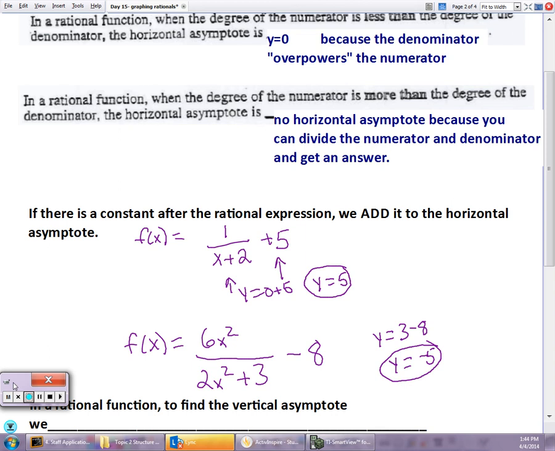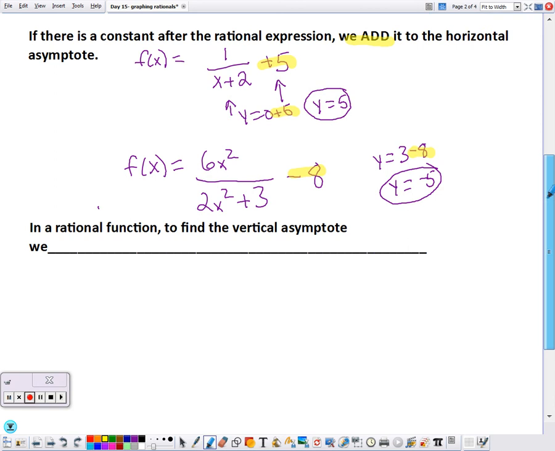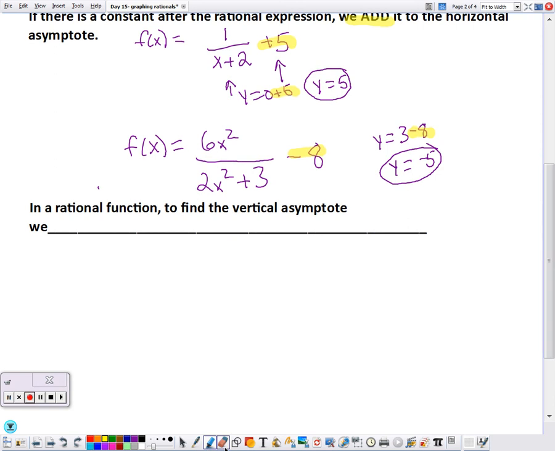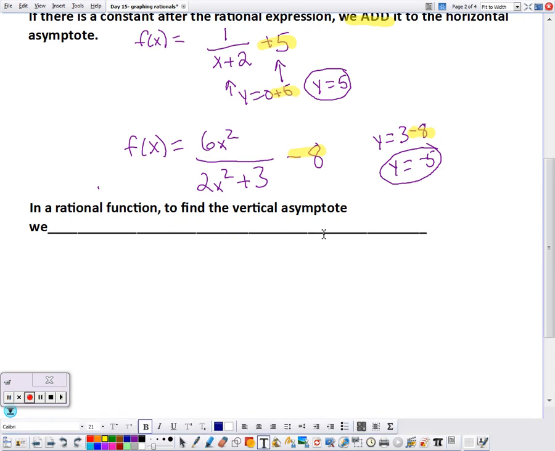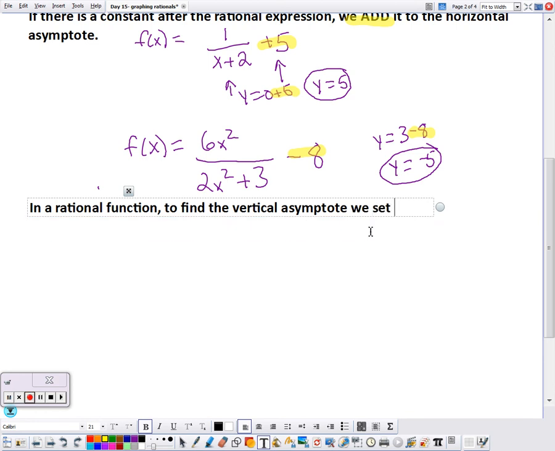Now, what about those vertical asymptotes? In a rational function, to find the vertical asymptotes, we set the denominator equal to 0, and solve.